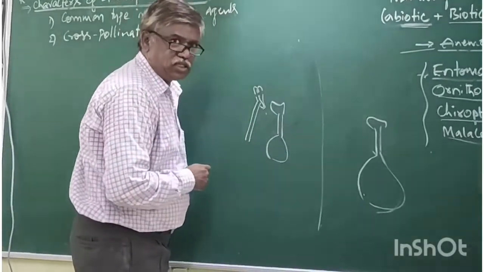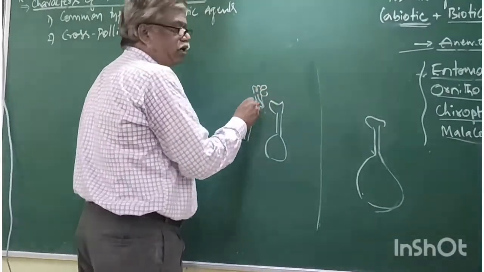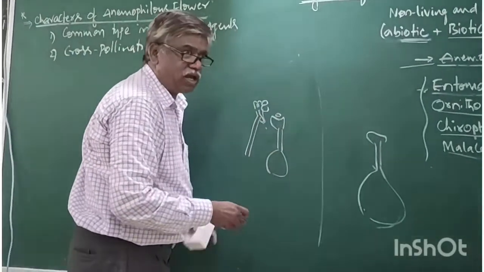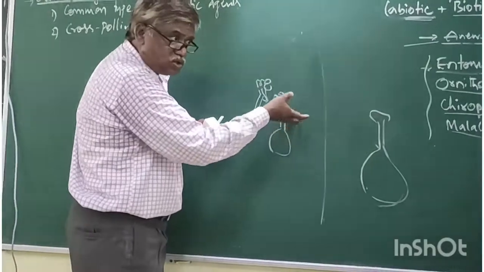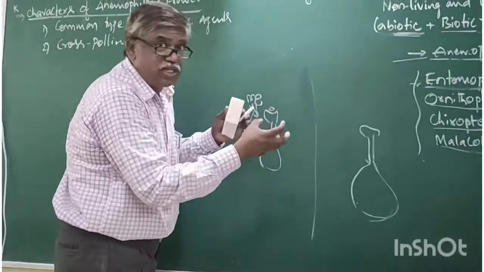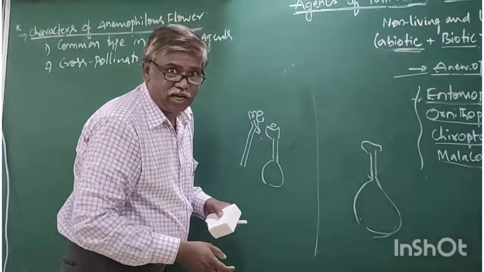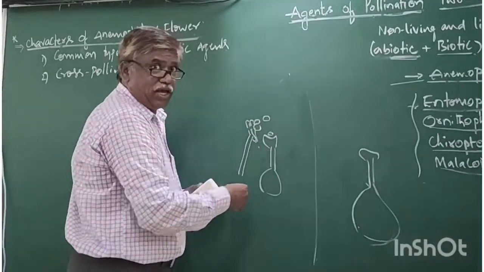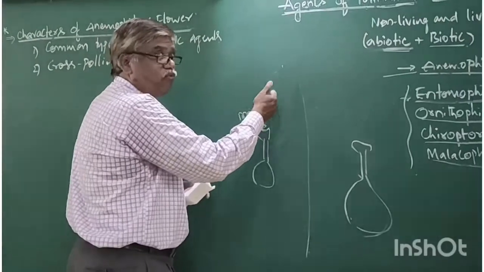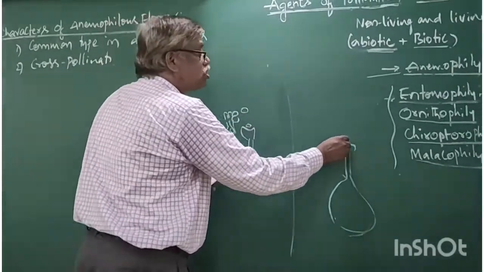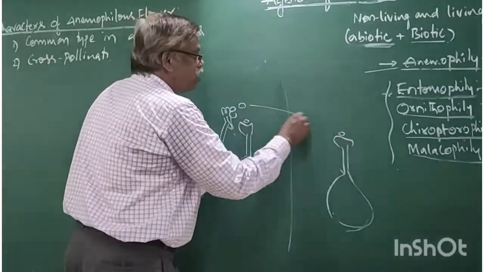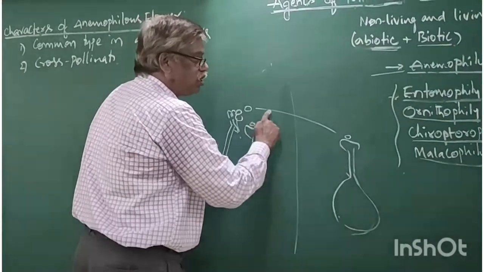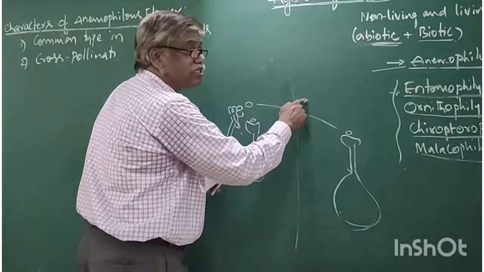If it is a daisy, some pollen grain is automatically deposited on the stigma because these two belong to the same flower, hence there is close contact. But some of the pollen grain is carried by wind to the stigma of another flower.